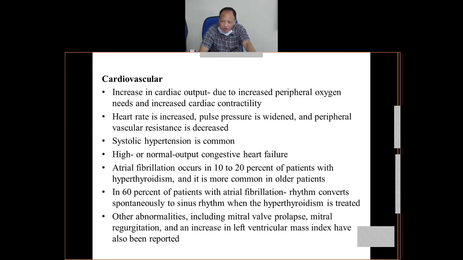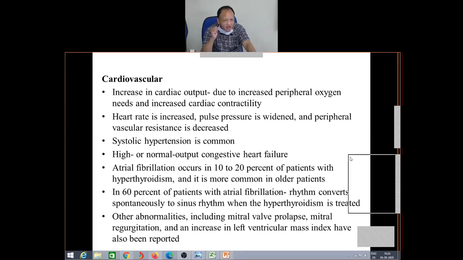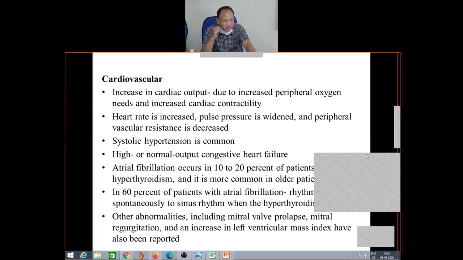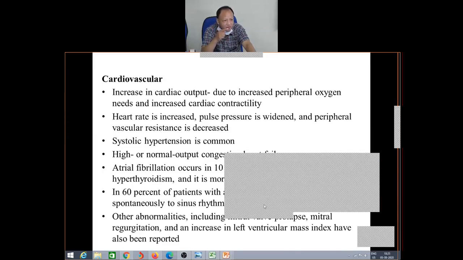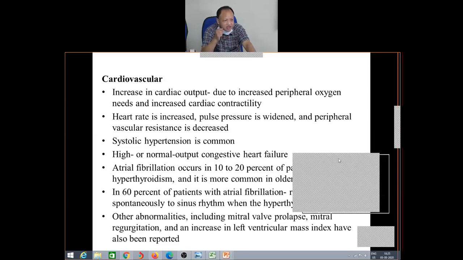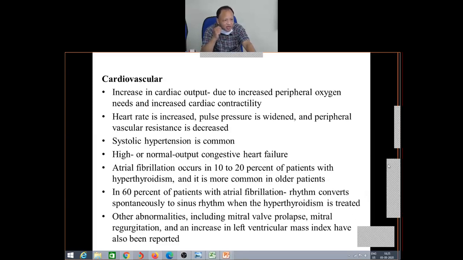You may be asked in your oral exam, what is the most common cardiac manifestation of hyperthyroidism? The answer should be sinus tachycardia. So in addition to sinus tachycardia, you can have atrial fibrillation, and other features like mitral valve prolapse, mitral regurgitation, and increase in left ventricular mass index have also been reported.